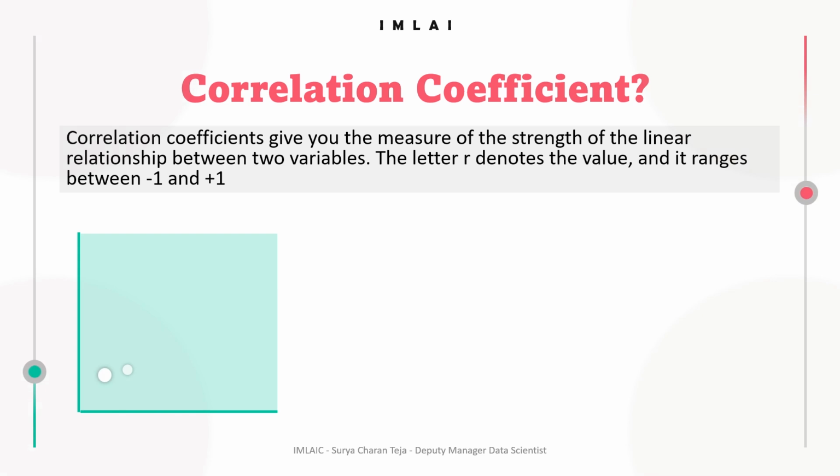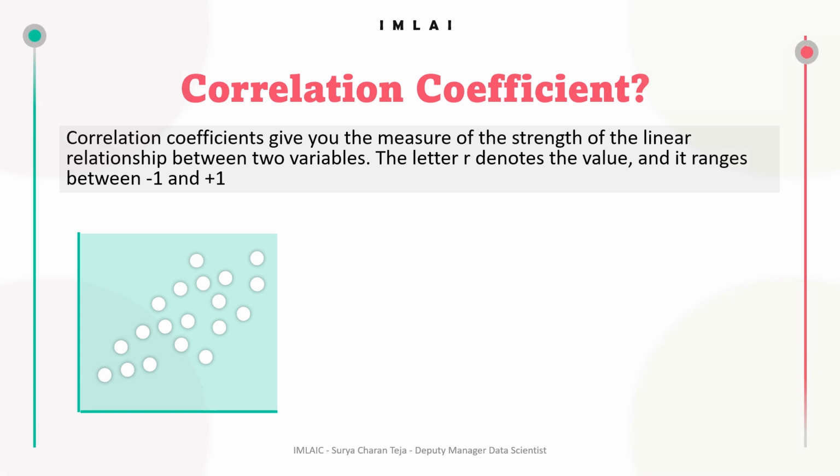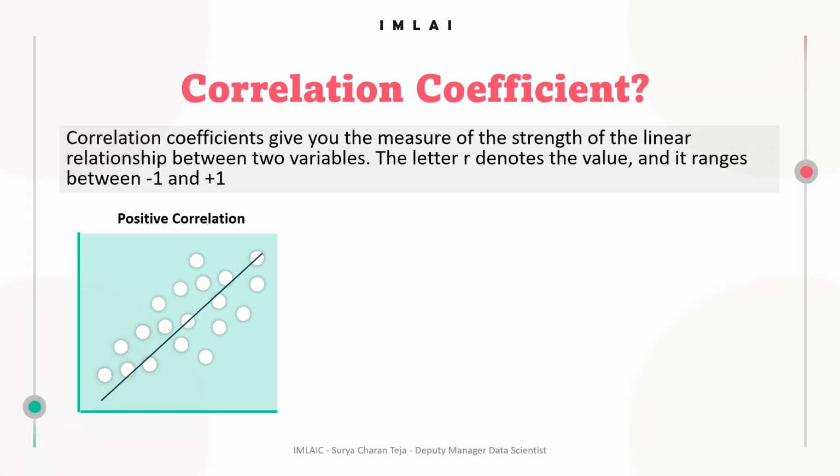R is our correlation coefficient. If R is greater than 0, it implies a positive correlation.